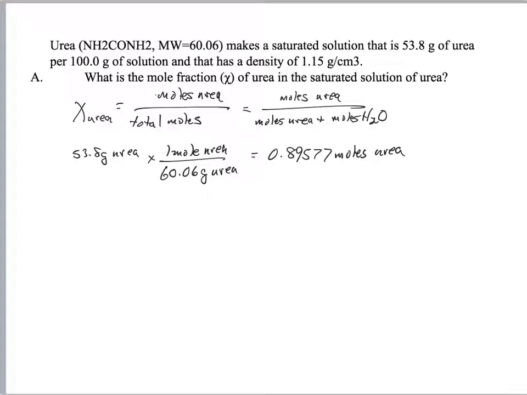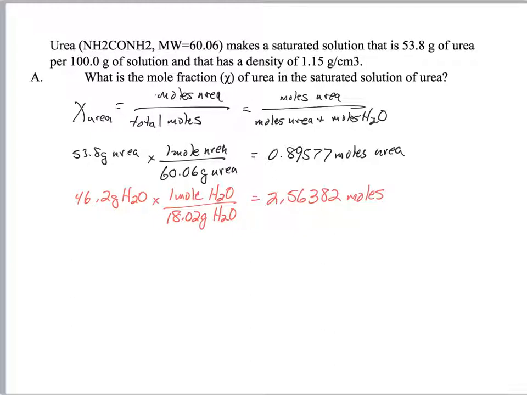They're not significant, but we keep them until rounding at the end. And then we're going to have 46.2 grams of water, the number we found in the last question. If you add up the molar mass of water, you find that 1 mole of water is 18.02 grams of water. And so again, keeping a little extra, that's 2.56382 moles of water.